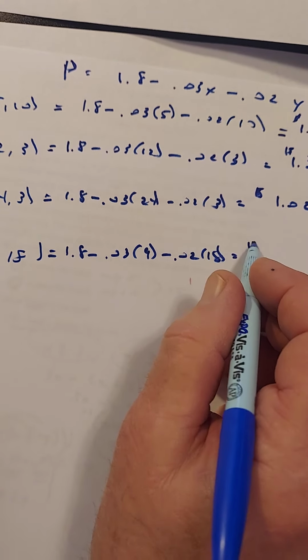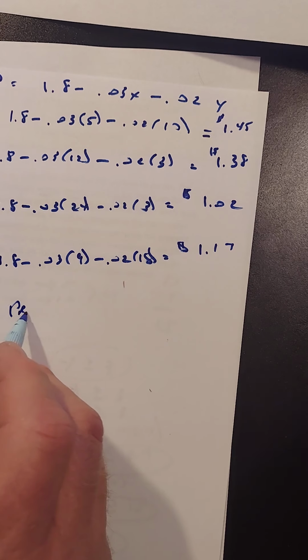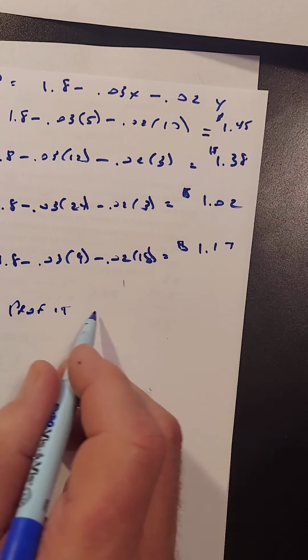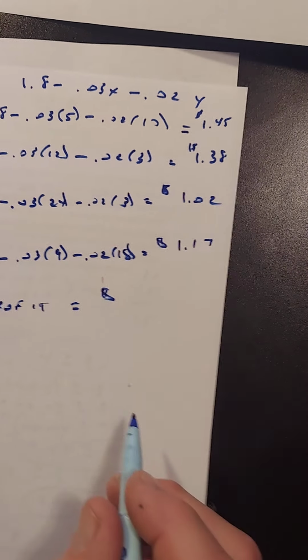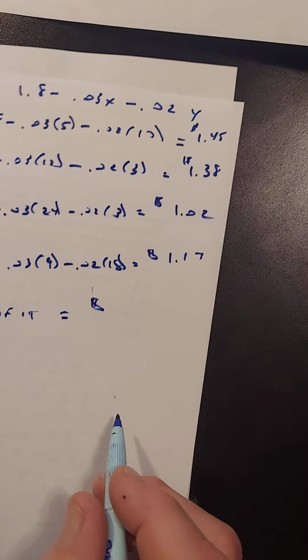Okay, you've done all the hard stuff. Now you're ready for your answer. We're trying to maximize the profit. So I'm just going to say maximum profit is equal to, all we're doing is looking at the biggest ones here, and it's going to be 1.45. It's 1.45. I'll put a big M out here. That means million.